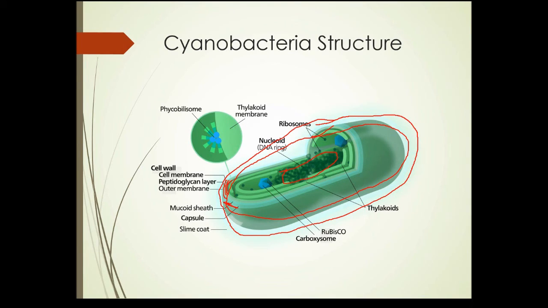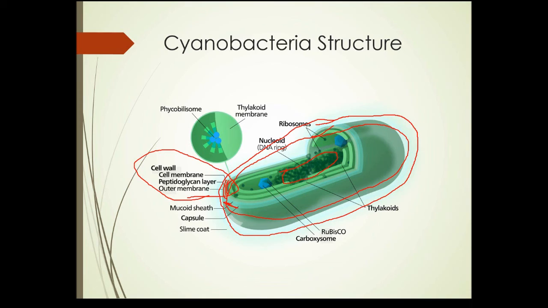This slide shows the structure of a typical cyanobacteria cell, and if you look in this section, you can see the three layers of the cell wall: the cell membrane, the peptidoglycan layer, and the outer membrane that form the cell wall.